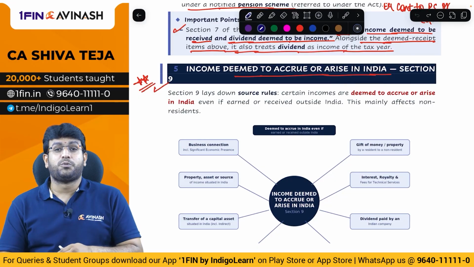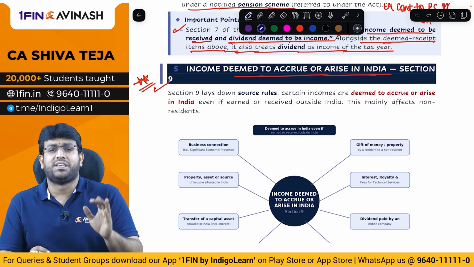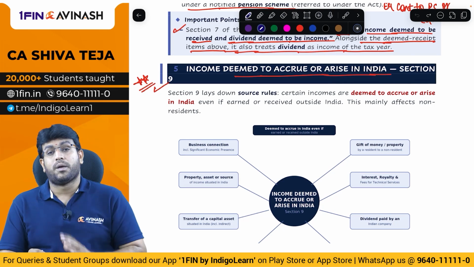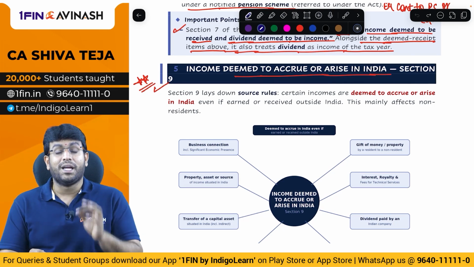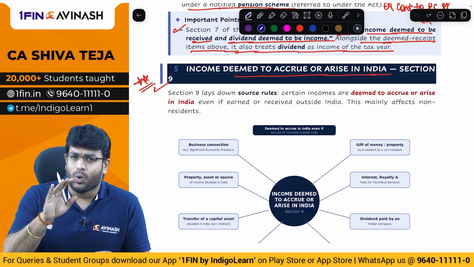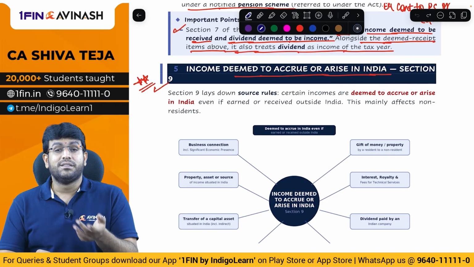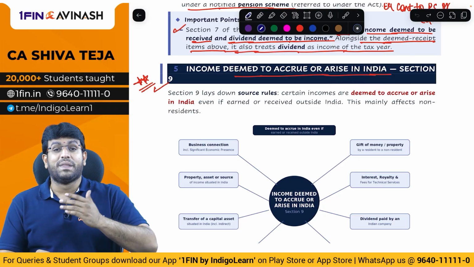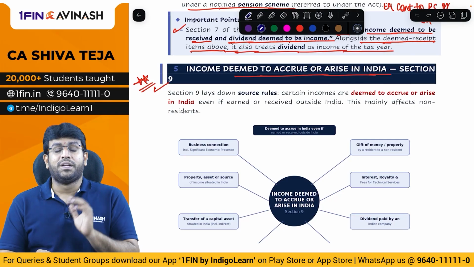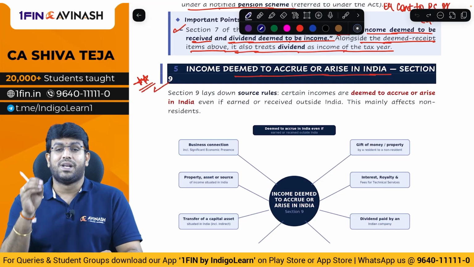We have been discussing the concept of residential status and scope of total income, wherein we covered some very interesting questions. Now it's time to talk about the last section in this topic, section 9, which deals with the concept of income deemed to accrue or arise in India. This concept is important because we have two types of income, Indian income and foreign income. If income is Indian income, it is taxable for ROR, RNOR as well as NR.